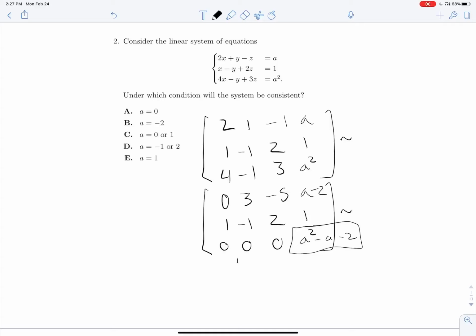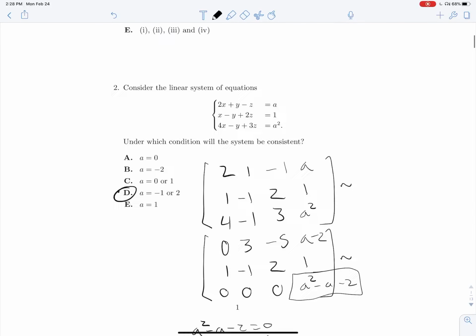If this is non-zero, by definition, our system is inconsistent. So a squared minus a minus 2 must be equal to 0. Factored, a minus 2, a plus 1 is equal to 0. So a is either equal to 2 or -1. So D is our correct answer.